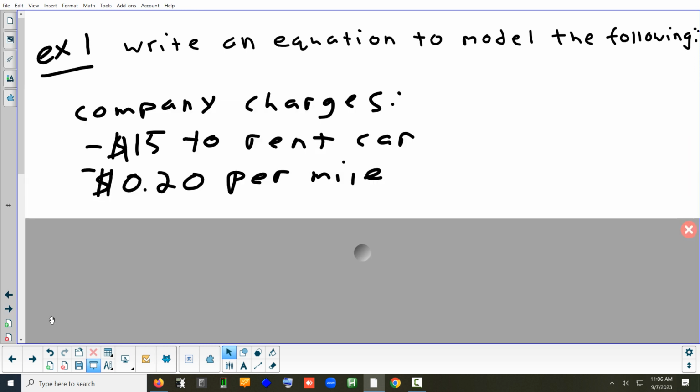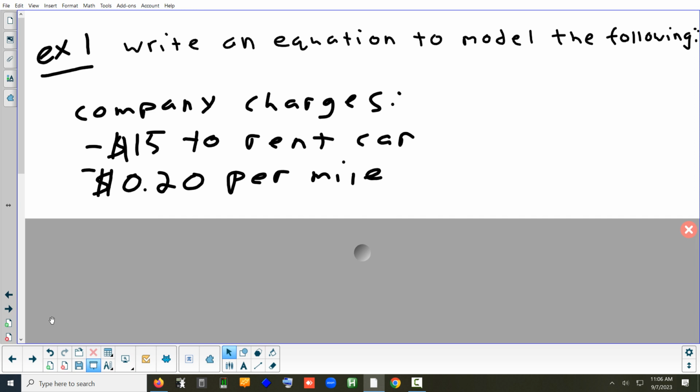So our problem is going to be about renting a car. This particular company charges $15 to rent the car and 20 cents for every mile you drive. If I wanted to know how much it is going to cost me to rent a car, what would you need to know to figure that out?